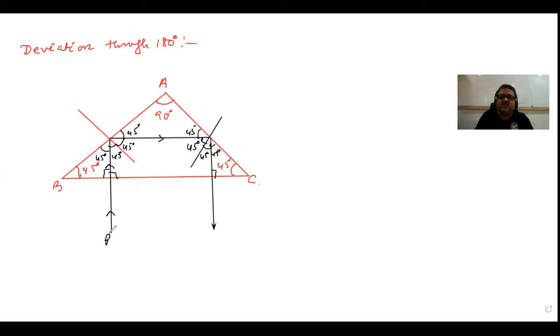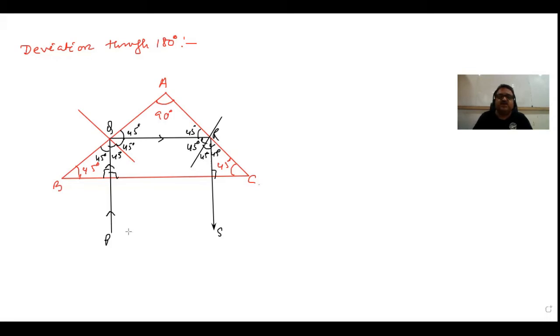If I mention the path of the light rays by PQRS, watch it. The incident arrow is going upward, but the emergent arrow is going downward. That means those two lines are anti-parallel. Hence, what will happen? The deviation is 180. Now, let me draw another important thing.